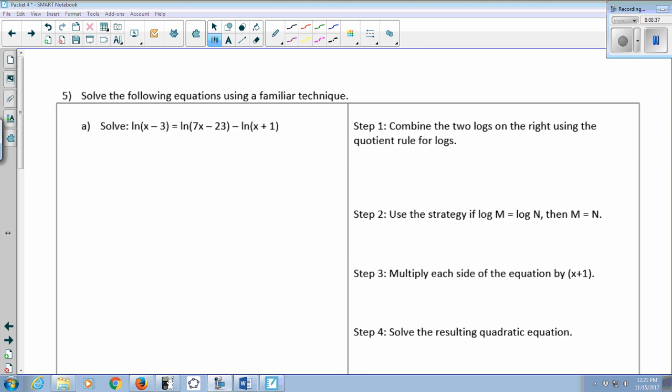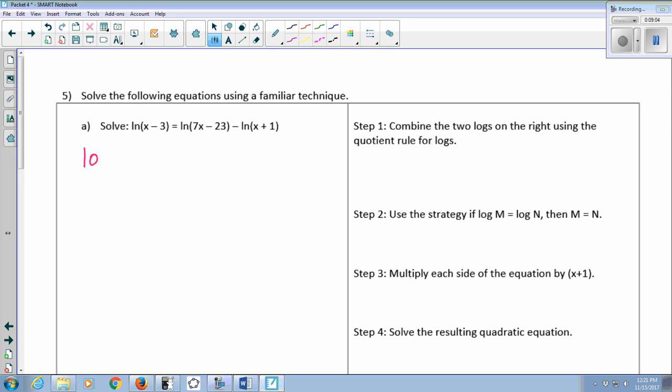All right, so these are just some special techniques for log equations and exponential equations. So the first technique is if you have logs on both sides of your equation and no constants, if you can make it look like log of some stuff equals log of some other stuff, you know that your two stuffs are equal. Okay, so step 1 is to combine the two logs on the right.